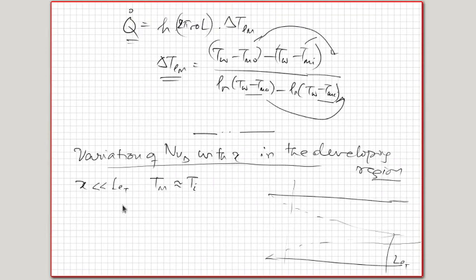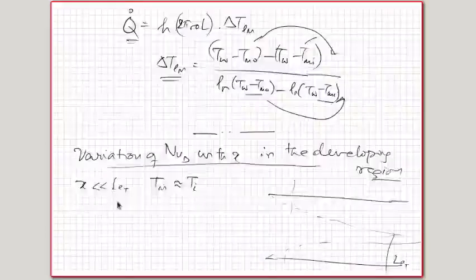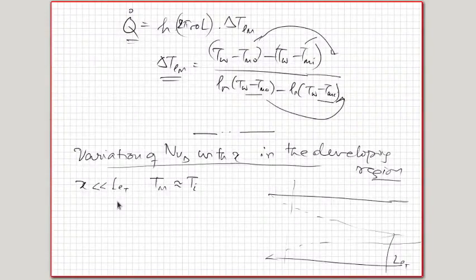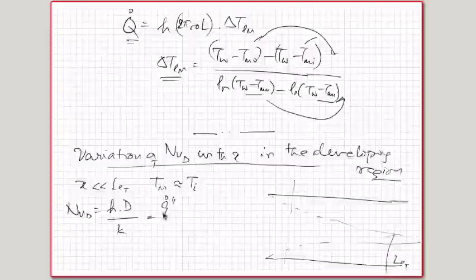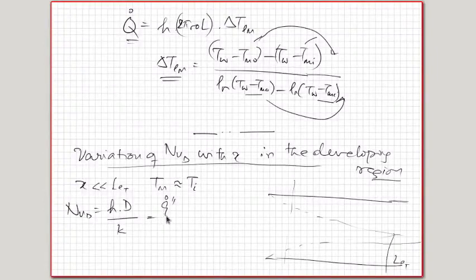Okay, and so if I write the expression for the Nusselt number, which is h into d by k, where this h is nothing but q dot double prime divided by T wall minus T mean. In this case, it will be T wall minus Ti itself, multiplied by d by k.